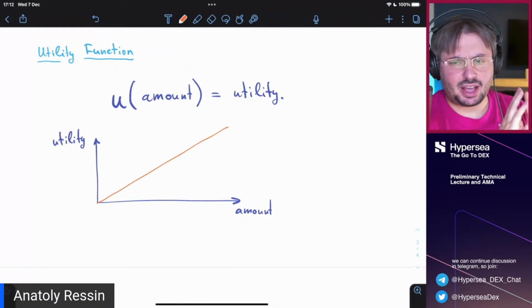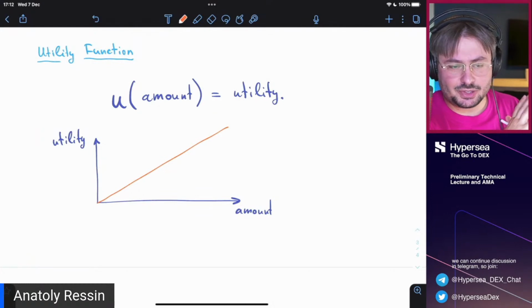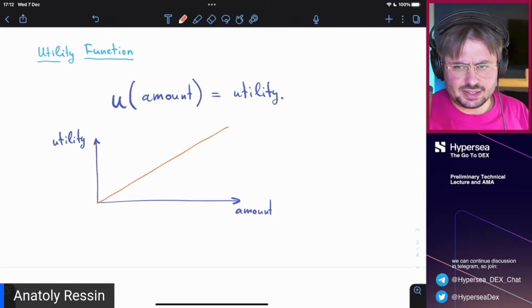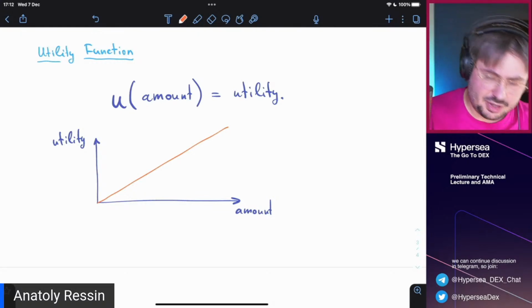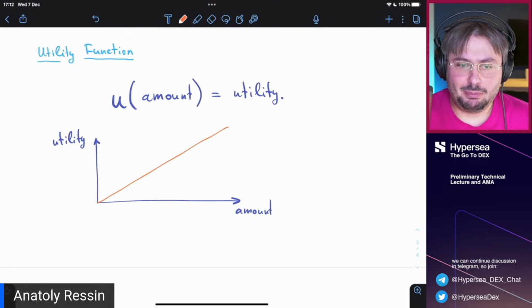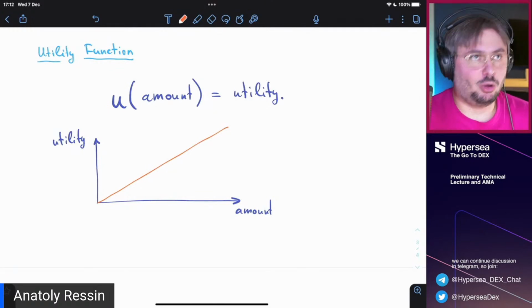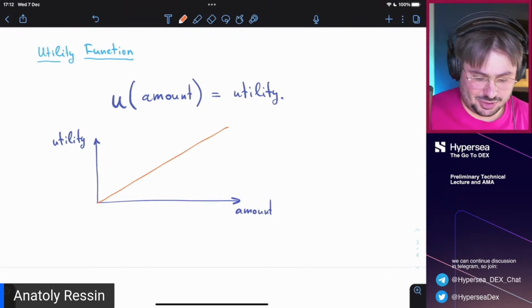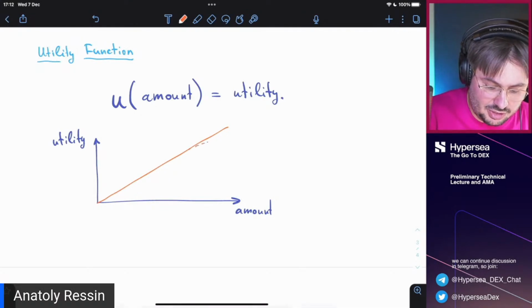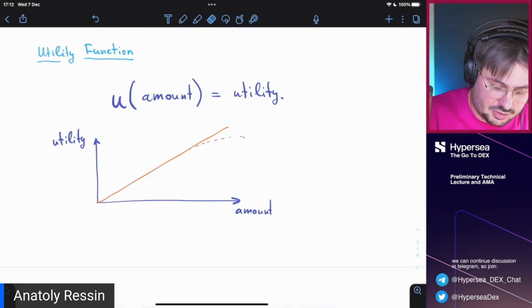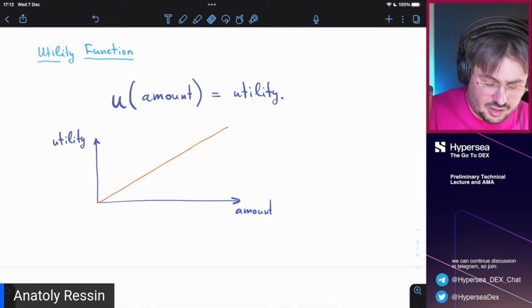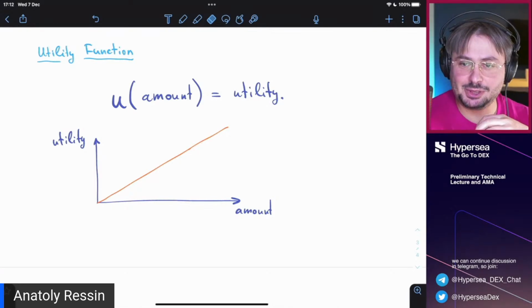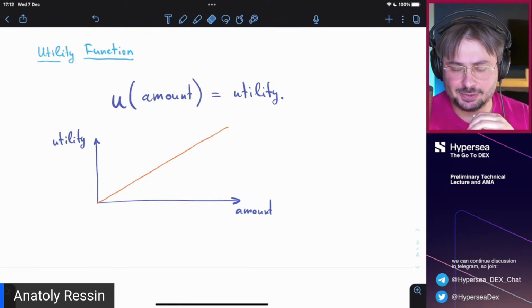This is just a hypothesis, because when we are talking about money, if you have too much money, maybe the utility of having all the money of the world can still be increased. We're not even close to having all the money of the world.